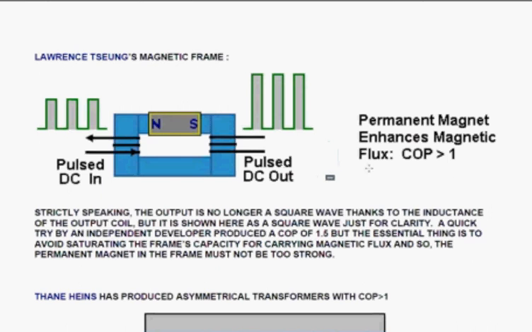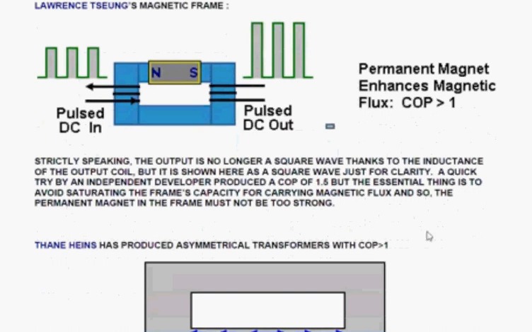Okay. Next we have a very simple device indeed. This is a magnetic frame, the sort of thing you can get by taking a mains transformer apart. And into that frame you put a simple magnet, just one magnet, north and south, into the frame.